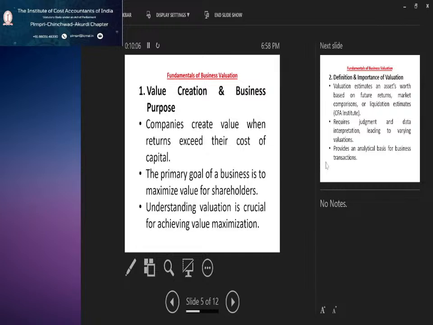Companies over a period of time create value for themselves. Companies create value when returns exceed their cost of capital. Broadly, this is how value creation happens in a company.